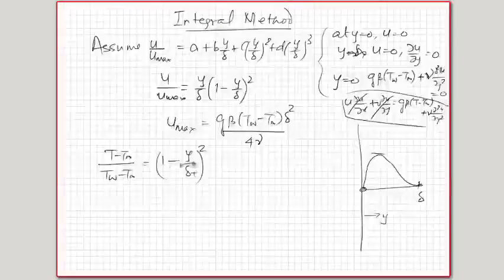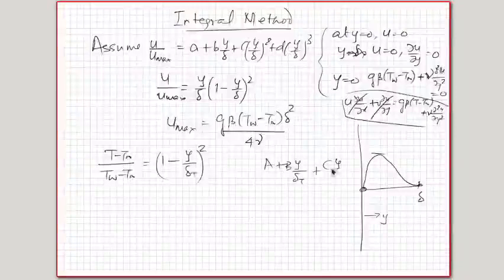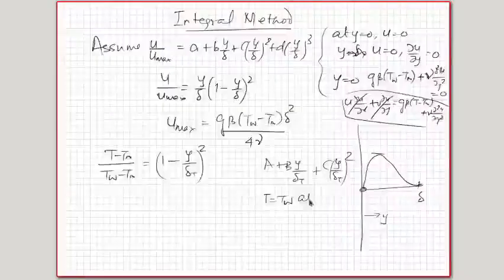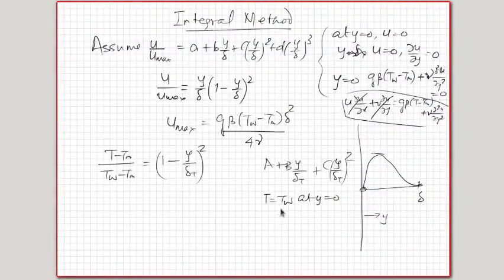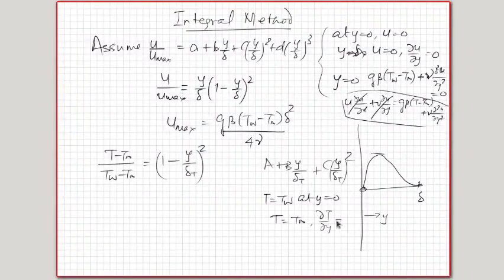This also can be derived by assuming this is equal to a plus b y by delta T plus c y by delta T whole square, with boundary conditions: T is equal to T wall at y equal to 0, and T is equal to T infinity and del T by del y equal to 0 as y tends to infinity.